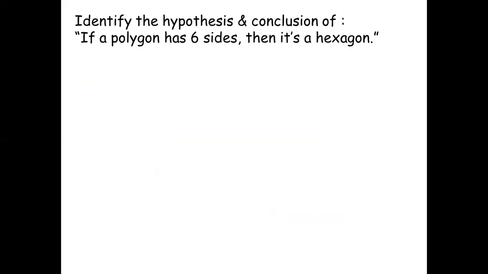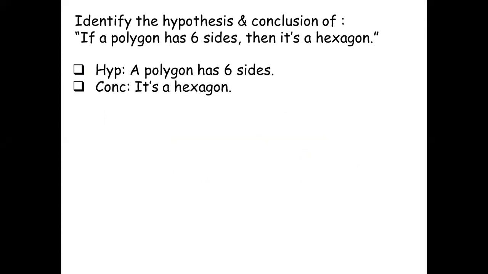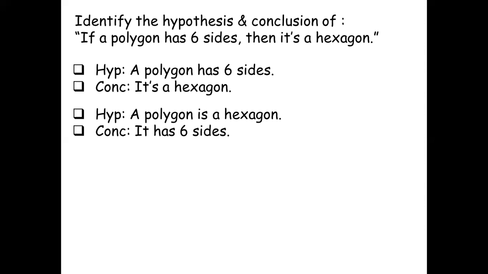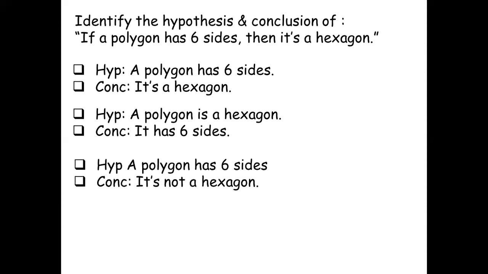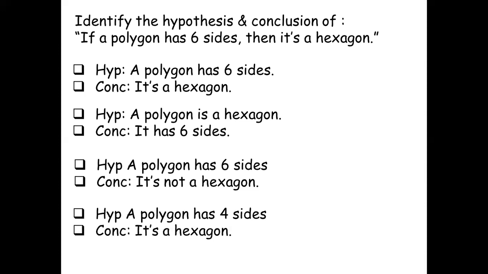The next question is: identify the hypothesis and conclusion of "If a polygon has 6 sides, then it's a hexagon." You just have to say which is the hypothesis and the conclusion. The options are: hypothesis is a polygon has 6 sides, and the conclusion is it's a hexagon; or hypothesis is a polygon is a hexagon and the conclusion is it has 6 sides; or hypothesis is a polygon has 6 sides, conclusion is it's not a hexagon; or hypothesis is a polygon has 4 sides and the conclusion is it's a hexagon.